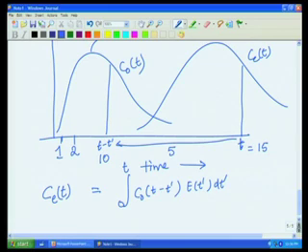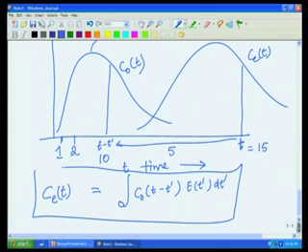So, for example, for the 15 minute case, what comes out at 15 minutes is what material you put in at 1 minute and which comes out of the reactor after 14 minutes, plus what we have put in at 2 minutes and which comes out at 13, and so on and so forth up to the 15th minute, or in other words, this integral 0 to t C naught of t minus t prime E of t prime dt prime is what gives us what comes out of the reactor.